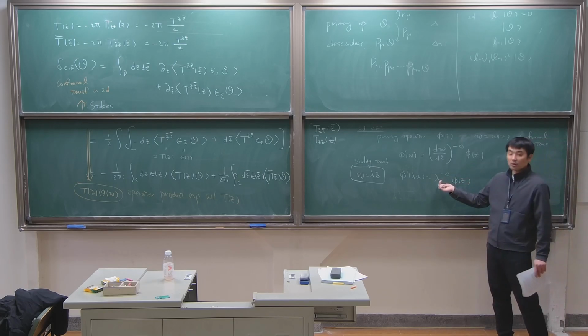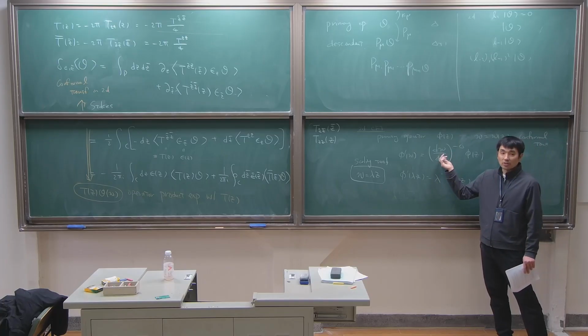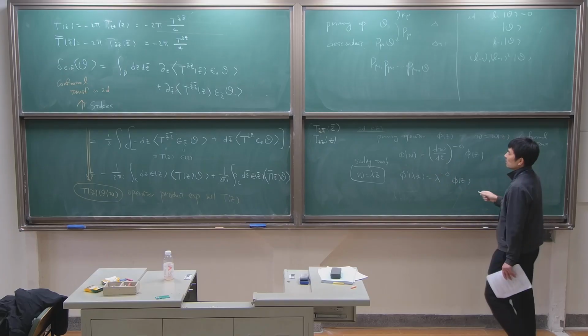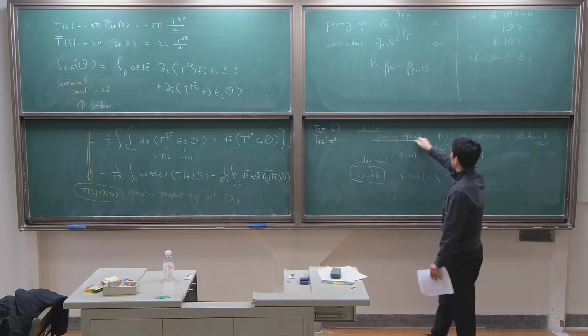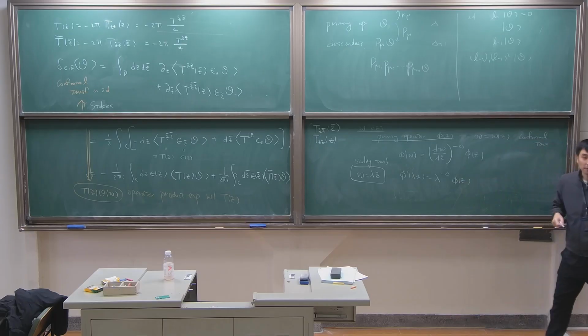But not only the scaling transformation, for any conformal transformation, any holomorphic function, if the operator behaves this way, then this field is called primary. I will connect this one to this differential later.